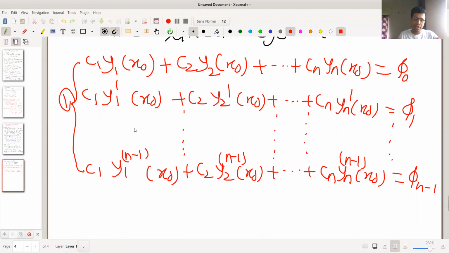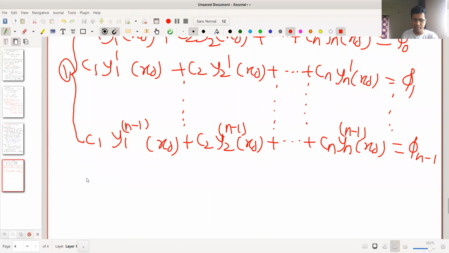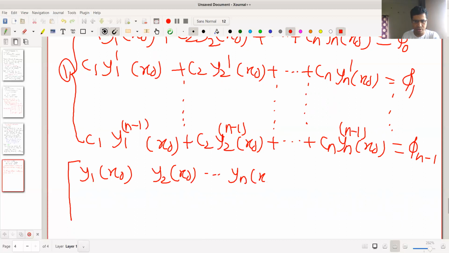Okay, so let us write this system in the form of a matrix. So this system is nothing but a matrix: first row is y1 x naught, y2 x naught and so on, yn x naught.